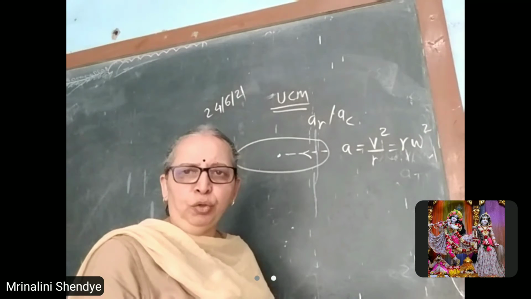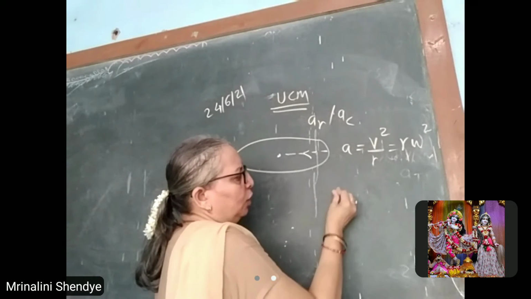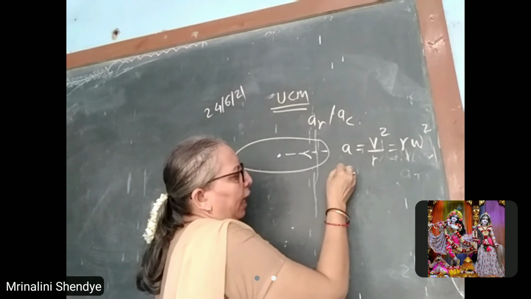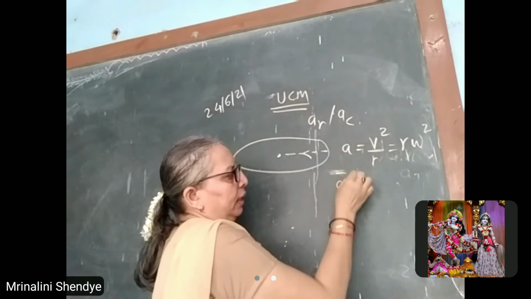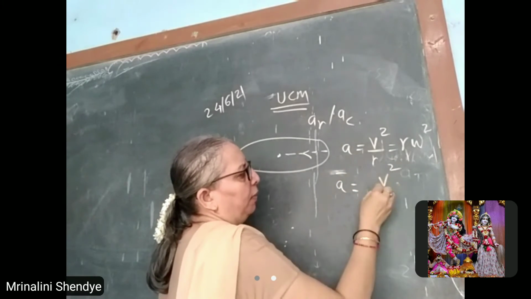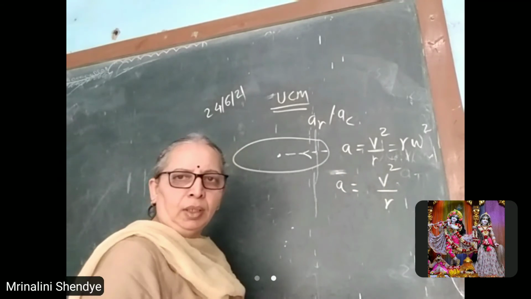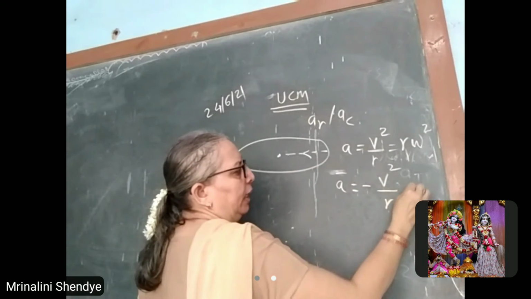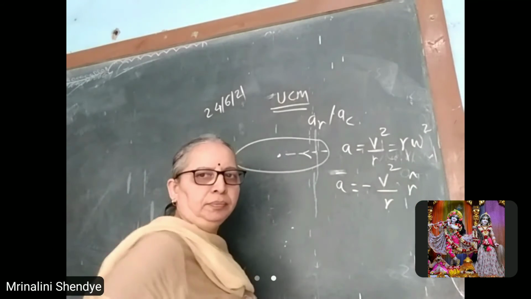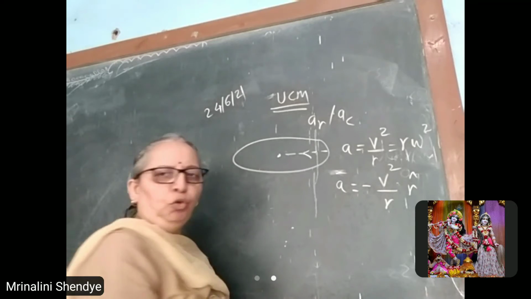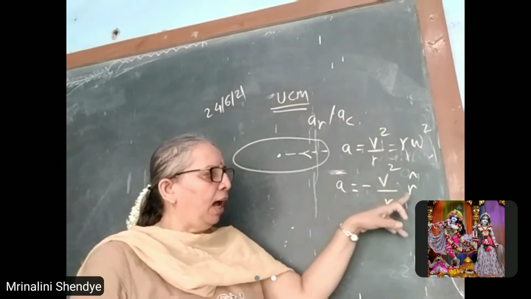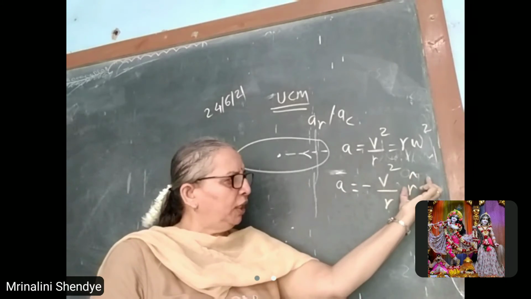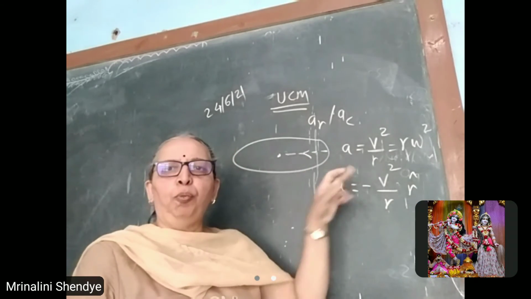Any form you can choose. In vector notation, you will write a bar is equal to minus v square upon r times r cap, the unit vector in the direction of the position vector.